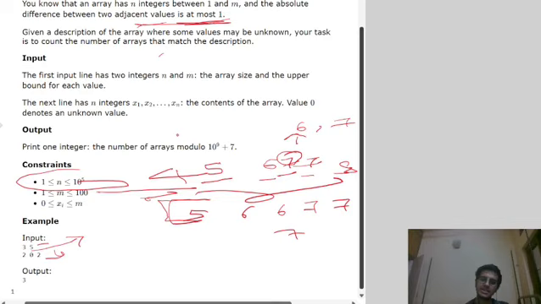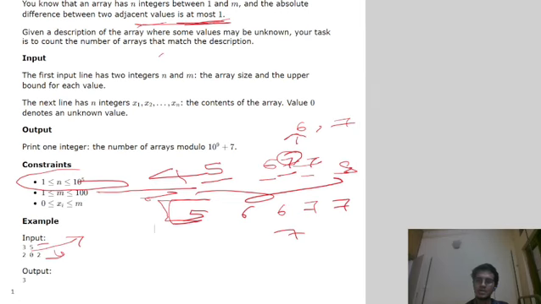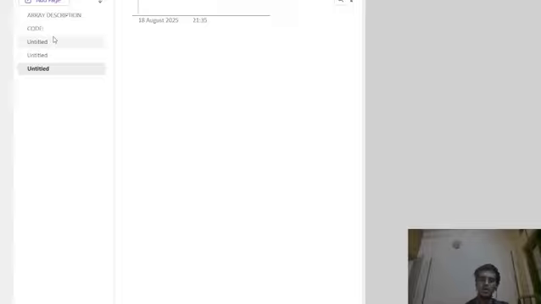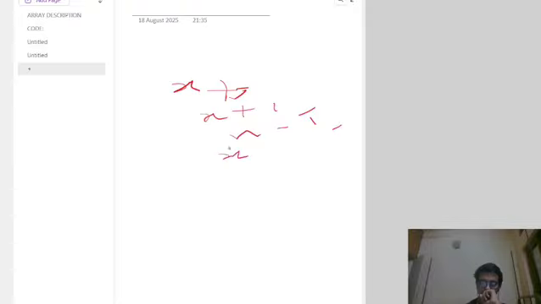Once we get the idea that this problem belongs to recursion, let's see how we can apply it. The only choice we have is, if we have a number x, then after that we can have x plus one, x minus one, or x.